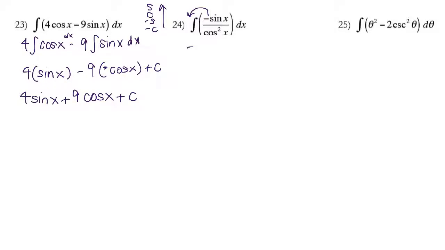And so I have negative integral sine of x over cosine squared x dx. And let's see, that cosine squared means that there's 2 of them there. And do we remember that sine of x over cosine of x, that's probably tangent x. We haven't looked at that in a while, but that's what that is.